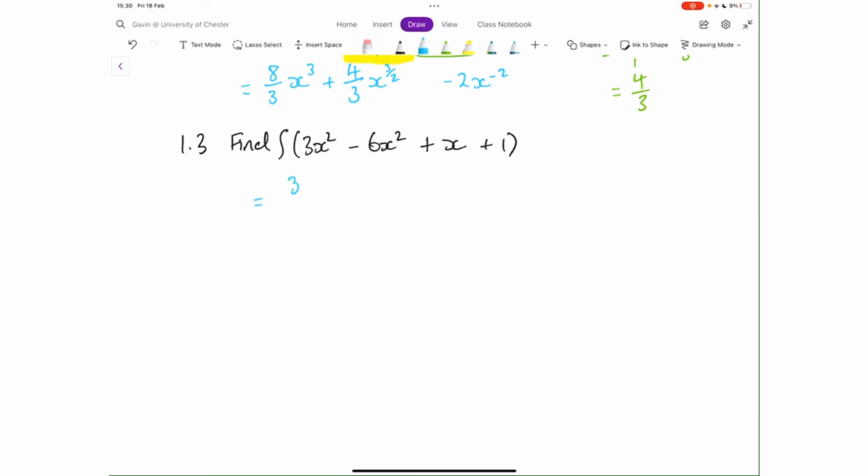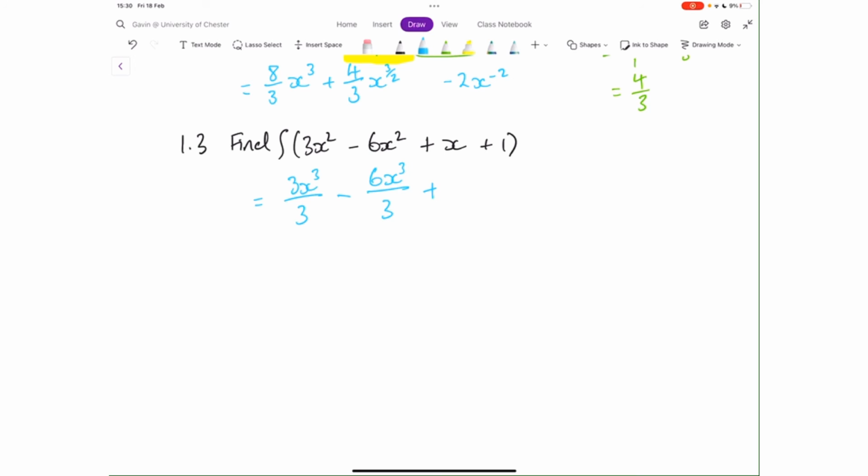So I've got 3x cubed divided by 3 minus add 1 to the power 6x cubed divided by 3 plus now an implied x to the 1 here.